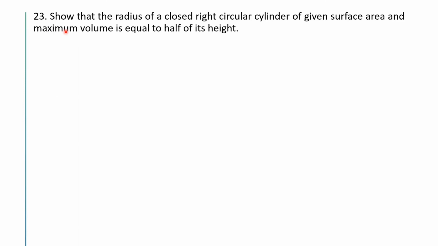Next question, show that the radius of a closed right circular cylinder of given surface area and maximum volume is equal to half of its height. So here we have to show that for a given surface area of a closed right circular cylinder, the volume will be maximum when its radius is equal to half of its height.